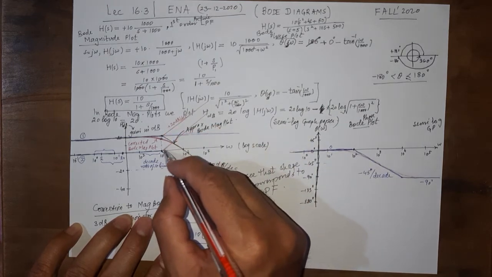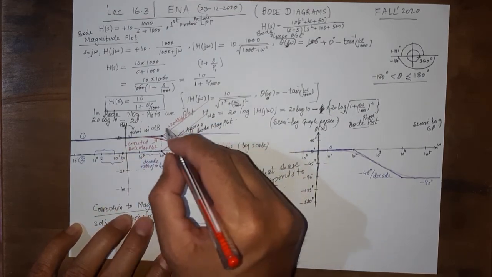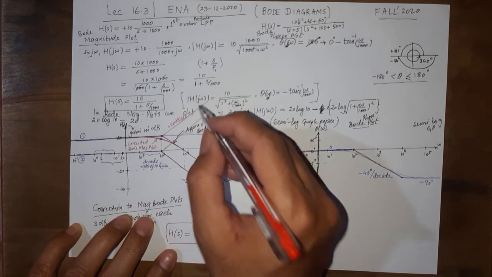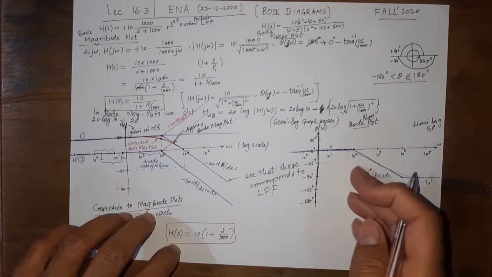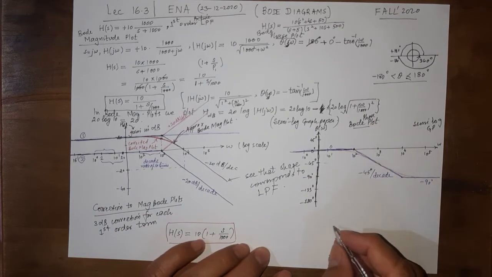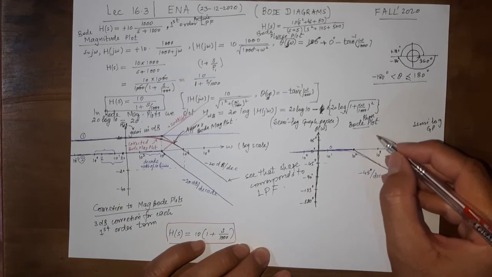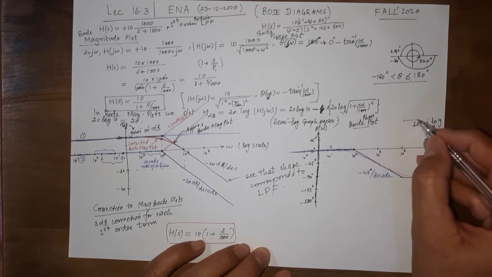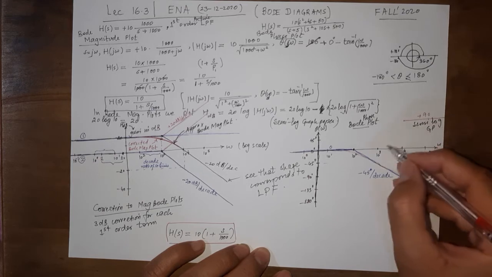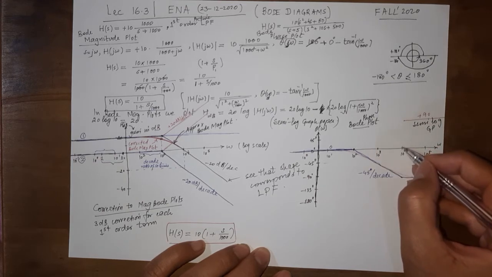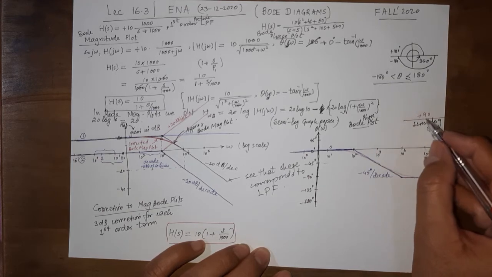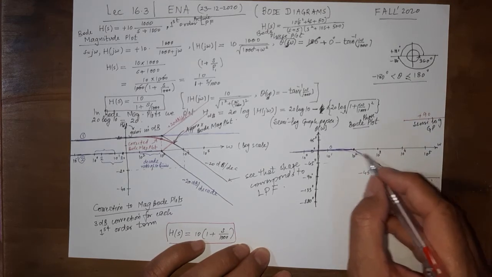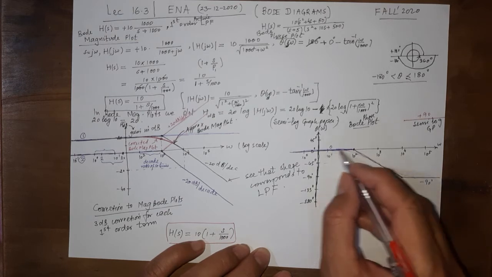And when we sum this term with this plus 20 dB line, we get a resultant, that is this. And what is going to happen in the phase plot? I think you should have guessed now. It will go up, to plus 90 at 10 times the frequency. Less than 10 times lesser frequency, it will be 0.